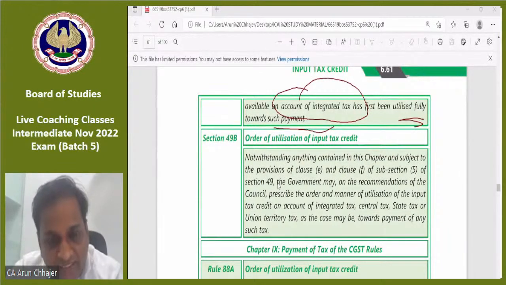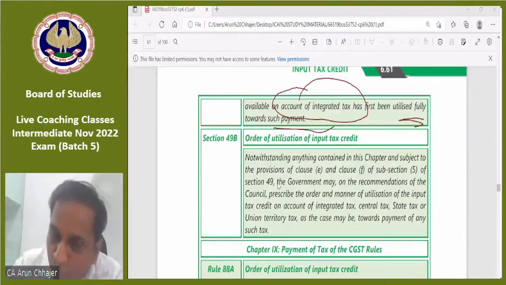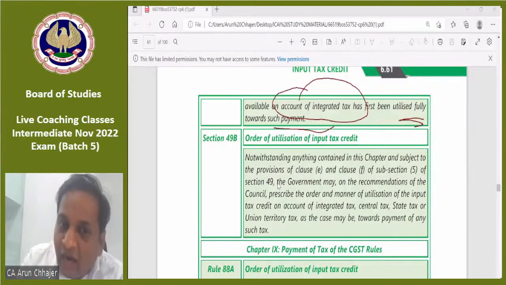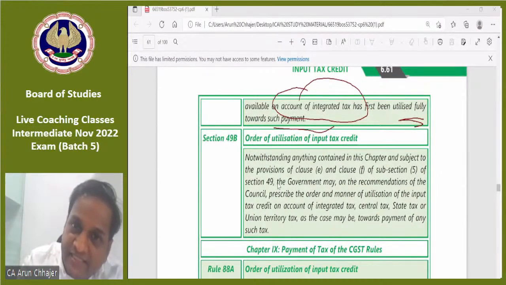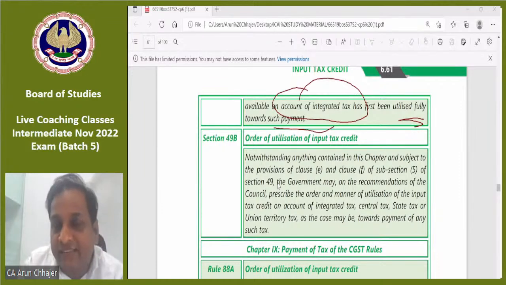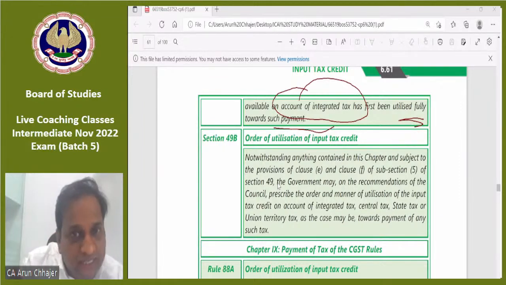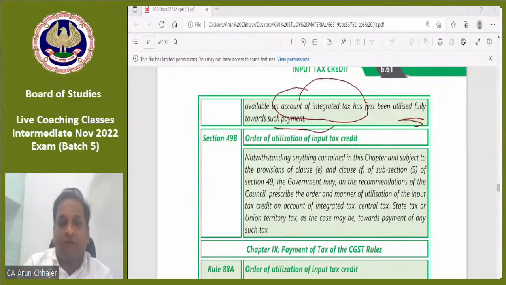Do you agree with this? Meaning thereby IGST ITC will be first utilized, then CGST will utilize CGST ITC, and SGST will utilize SGST ITC. Give me the confirmation on this part.